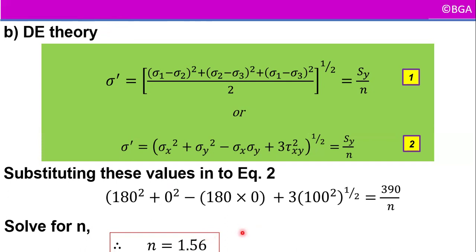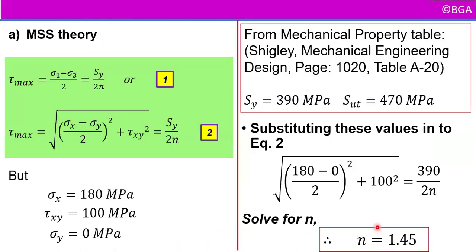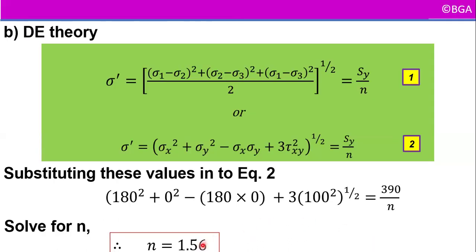Don't forget, the factor of safety that we calculated using MSS is 1.45, which is less than 1.56. So when you are solving this kind of problem, at least this can be used as a check: the factor of safety using MSS is less than the factor of safety using the DE theory. So this is how you solve this problem.